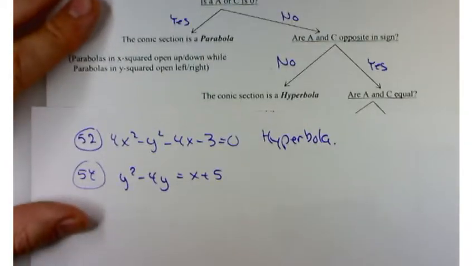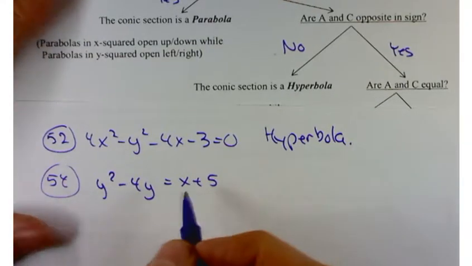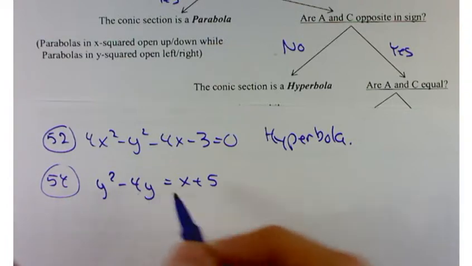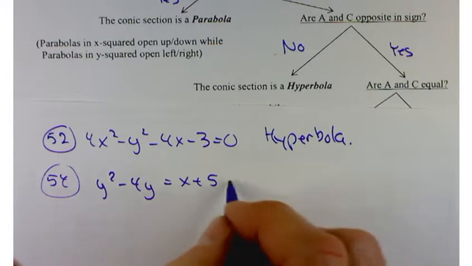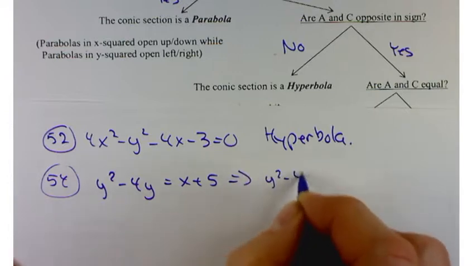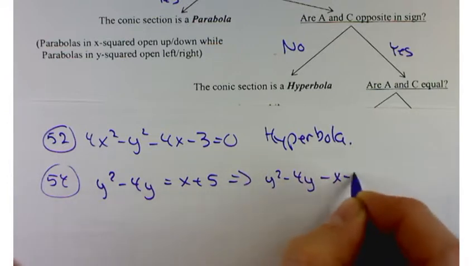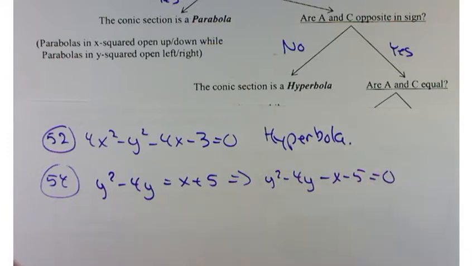If it's helpful to you, you can move everything over to one side to get 0 on the right-hand side. If I did that here, that would be y squared minus 4y minus x minus 5 equals 0.